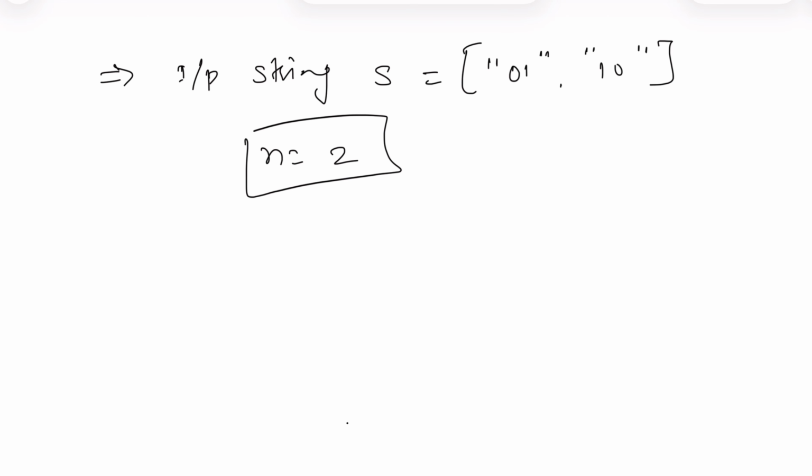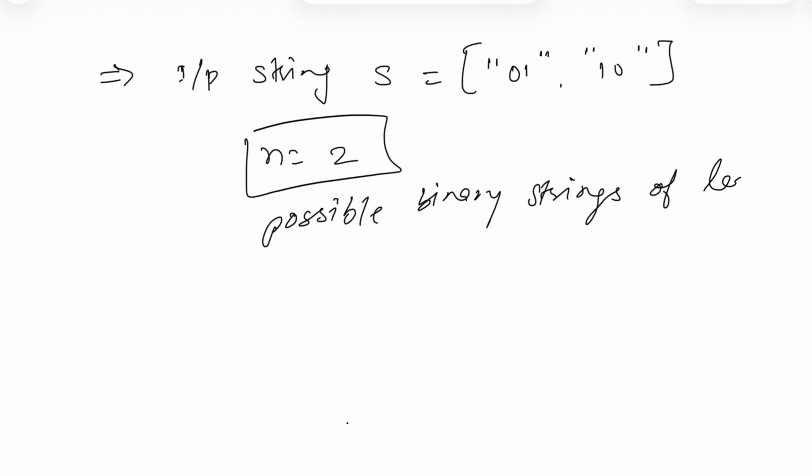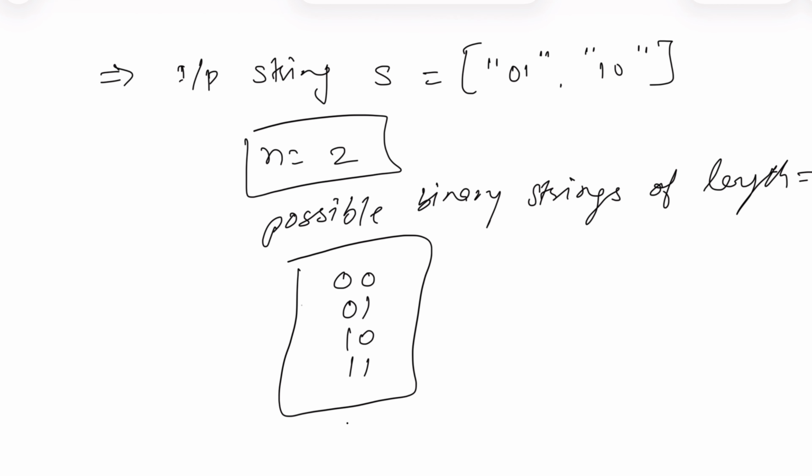So the possible binary strings of length 2 are 0 0, 0 1, 1 0, and 1 1. These are the possible list of strings.